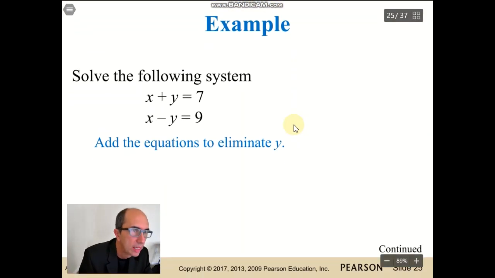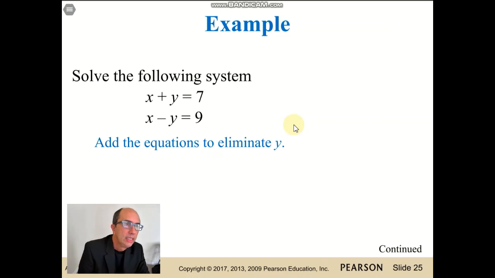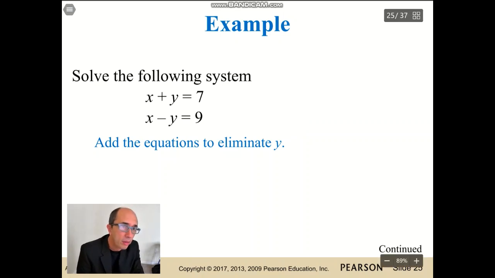Let's see an example. We will solve the following system: x plus y equals 7 and x minus y equals 9 using the elimination method. In the first step, we're going to eliminate y and add both equations.